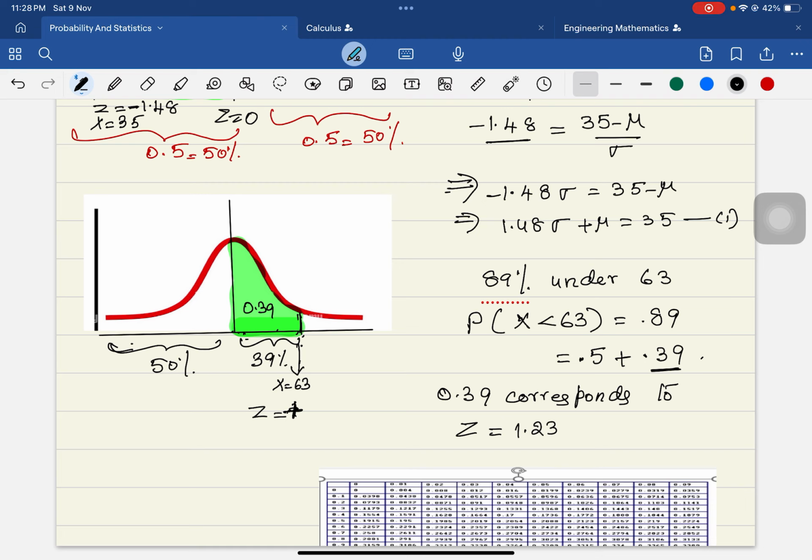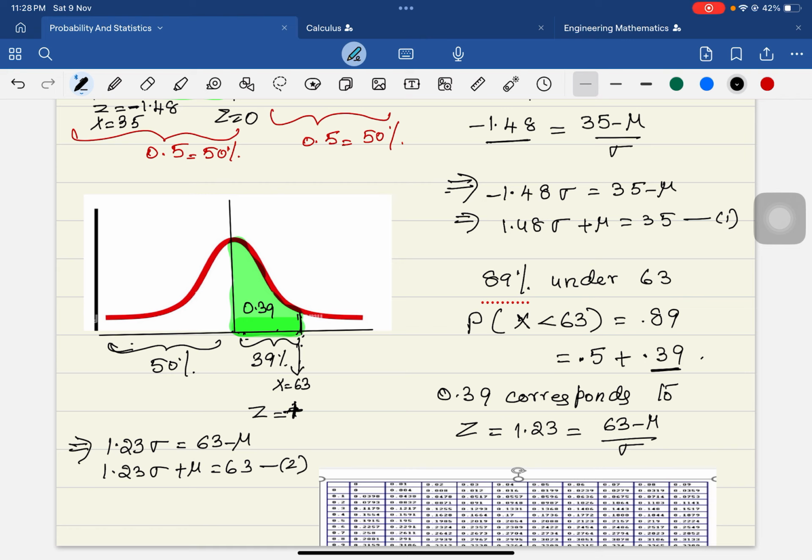Therefore, what can you write? Z is equal to 1.23 is equal to x, which is now 63, minus mu over sigma. So from here what we get is 1.23 sigma is equal to 63 minus mu, or 1.23 sigma plus mu is equal to 63. Call this equation 2.